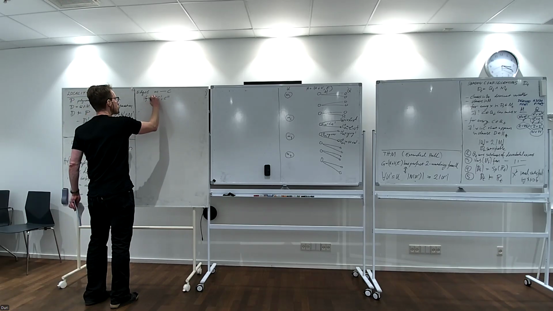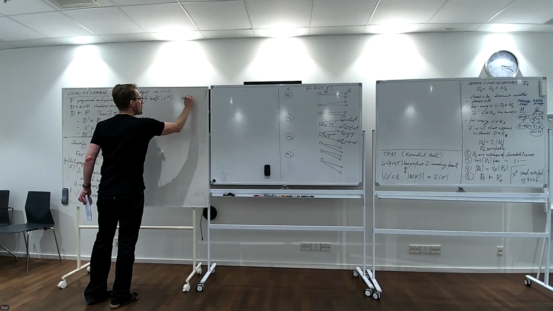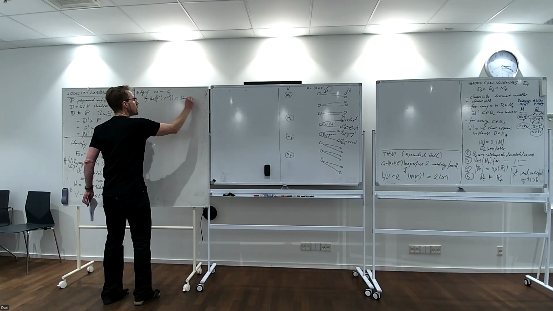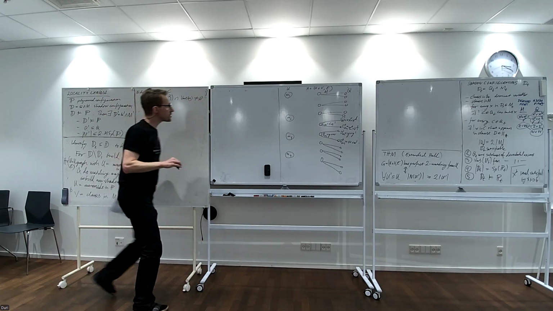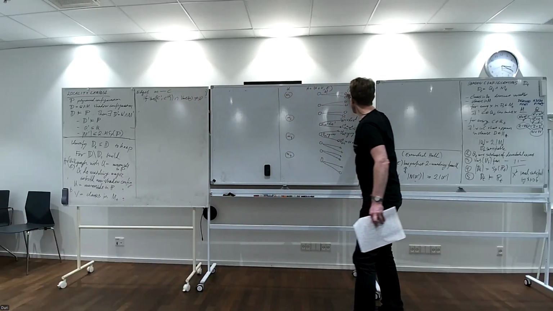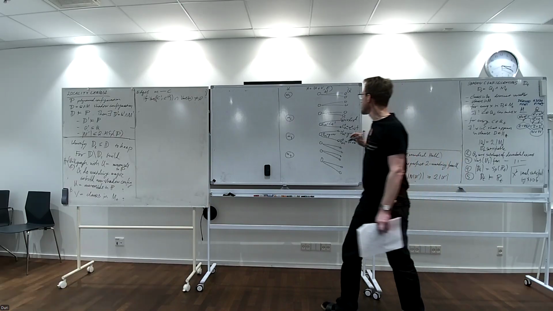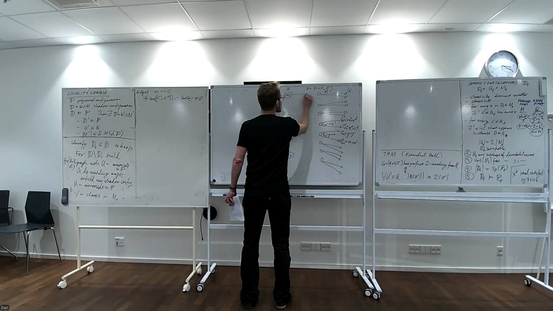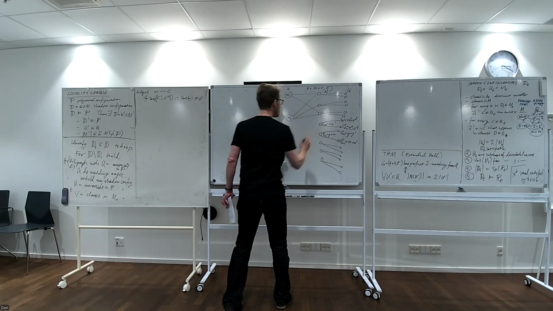Let me look at those. And let me look at the variables in M. If M mentions any of the variables over here, then I'll draw an edge. Okay, so maybe I get something like this.